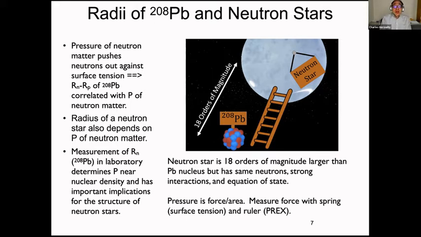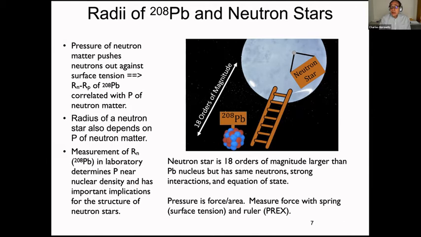The pressure of neutron-rich matter pushes the 44 extra neutrons out against surface tension. And so the higher the pressure, the thicker the neutron-rich skin. So Rn minus Rp in lead is strongly correlated with the pressure of neutron-rich matter near nuclear density.